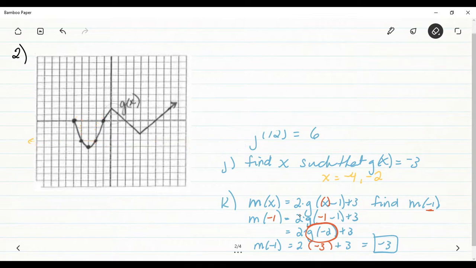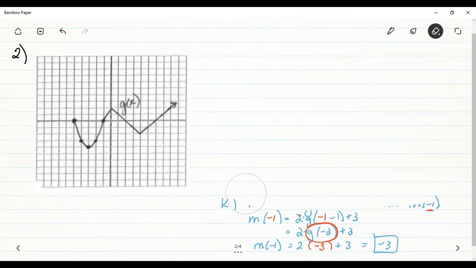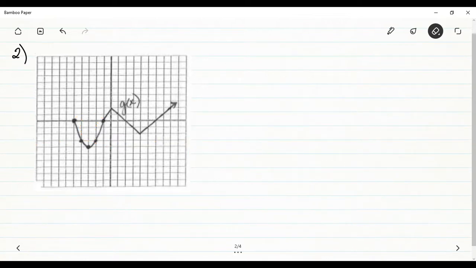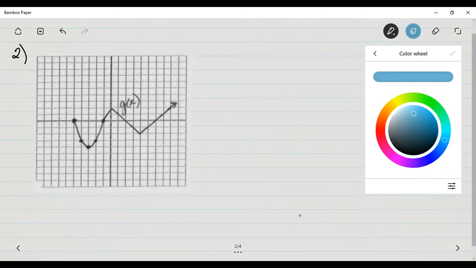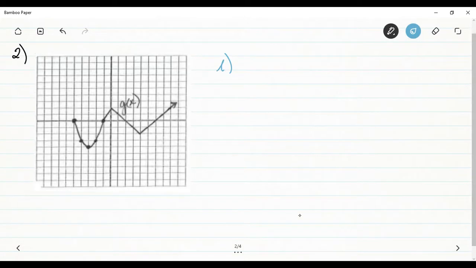Average rate of change, as you know, is simply evaluating our slope. So part L, I want to find our average rate of change on the interval -2 to 1.